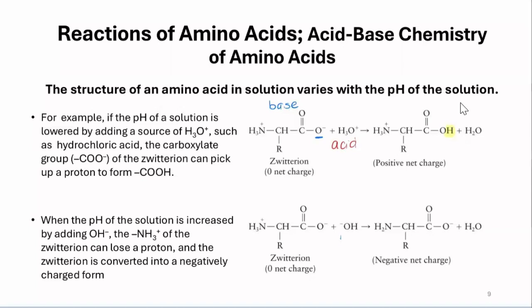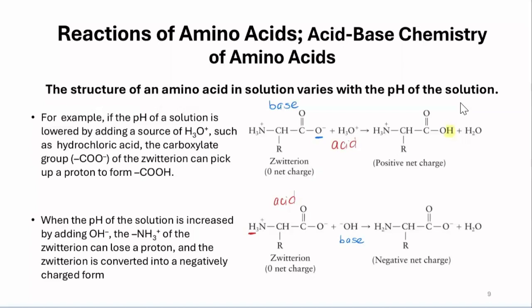When you have a base in the form of hydroxide in your solution, then the Zwitter ion will be acting as an acid. Specifically, the area of the Zwitter ion that will be donating a proton is going to be one of the hydrogens of the originally protonated amino side.